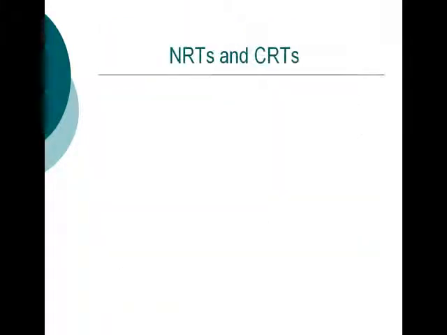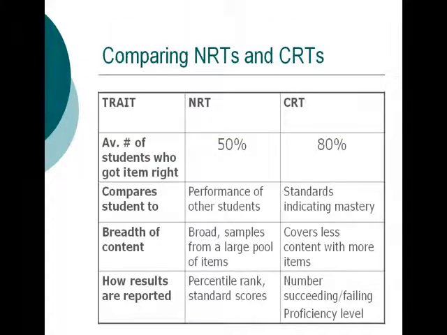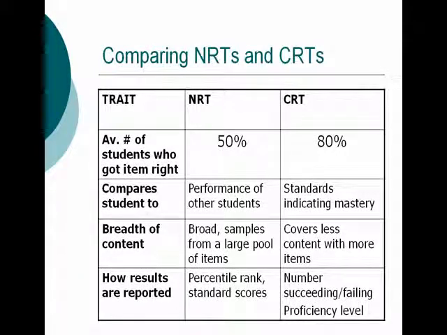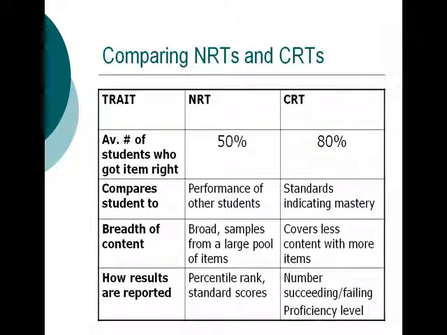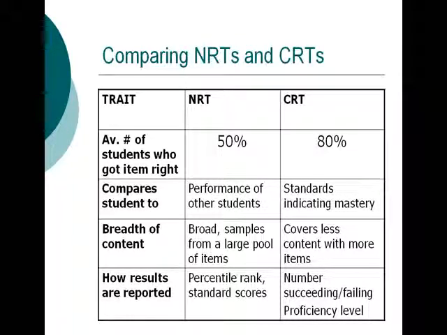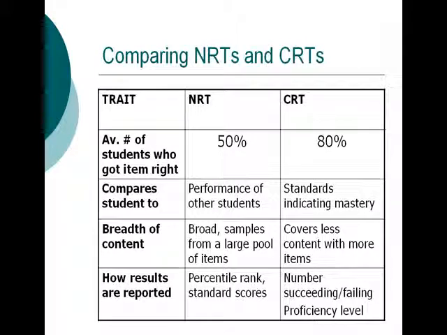So let's talk about comparing them. If you look at this chart, with a norm referenced test, 50% of the students will get any one item right. A really good discriminatory item will be one where only 50% get it right. But with a criterion referenced test, you want 80% of the kids to get that right because you want to show mastery of it.